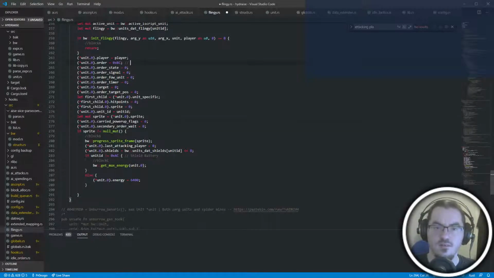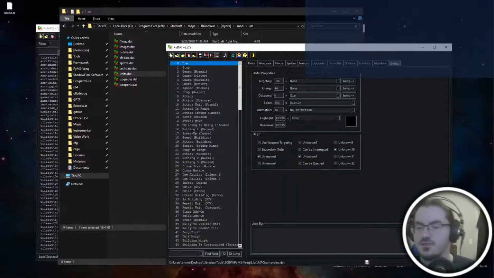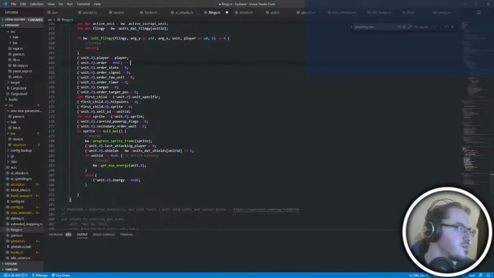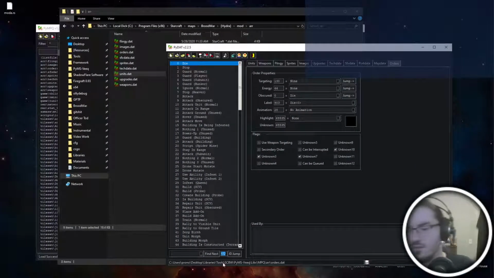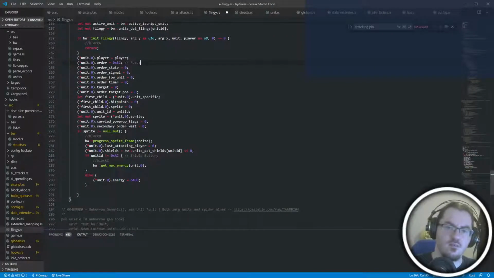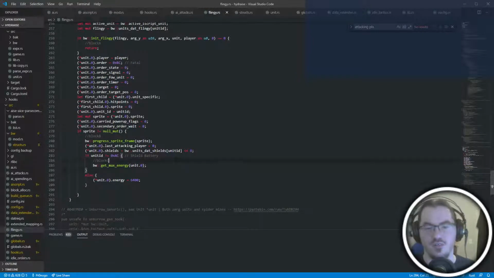Okay. And there was some order definition that I was going to take a look at as well. So if we take an order definition and we check BC, which is 188. Fatal. That's a strange order to give a unit when it first starts. That's very weird.